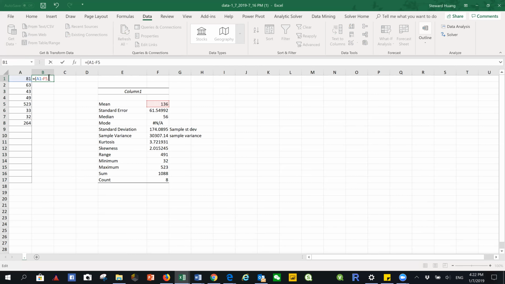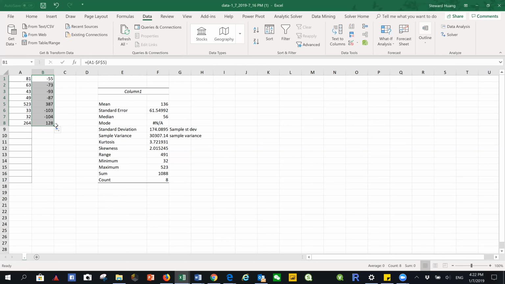I type the lock, because I want to copy it. If you don't lock it, the reference will keep scrolling down. To make sure that when I make copies, it's still F5 for this mean. So you see the negative, scroll it down. You see all the deviations right here from the center.